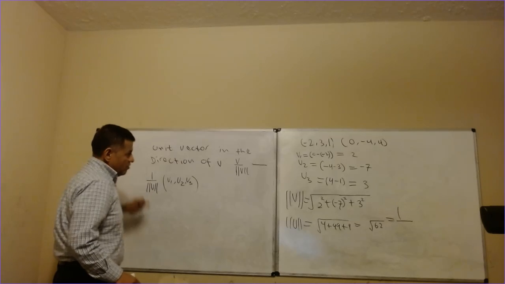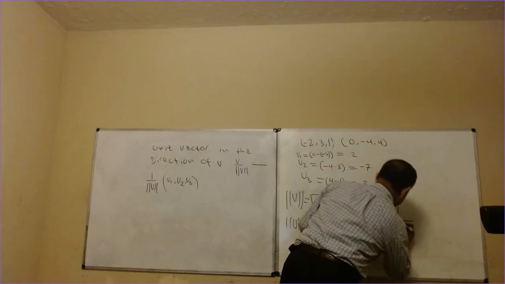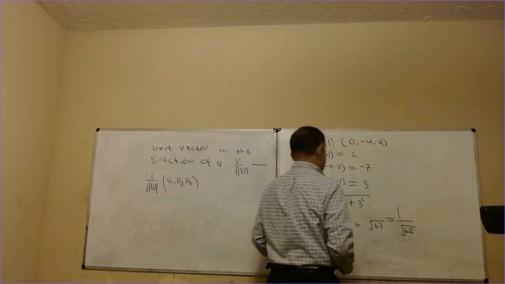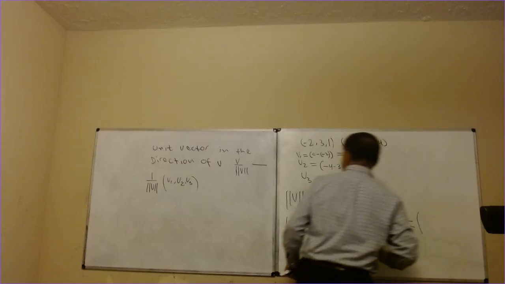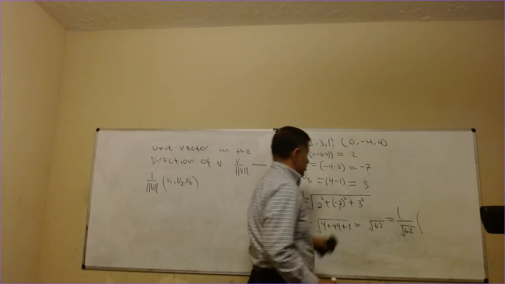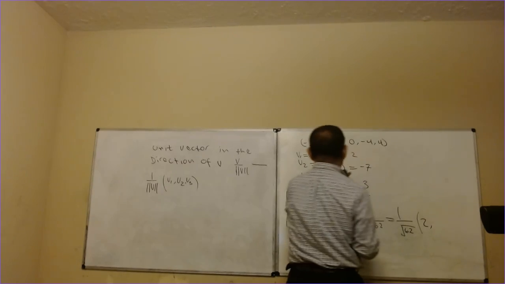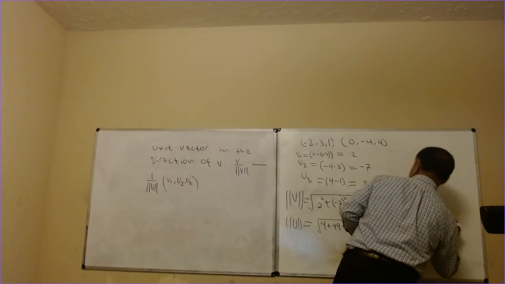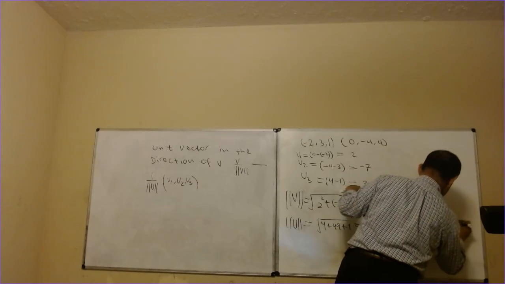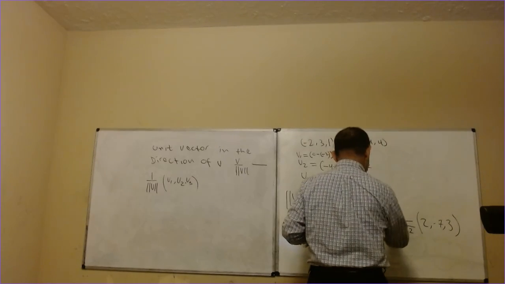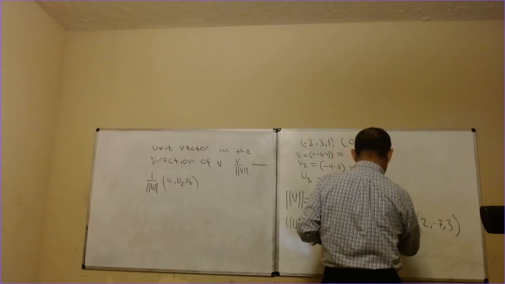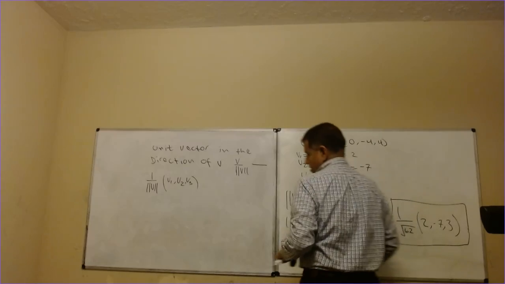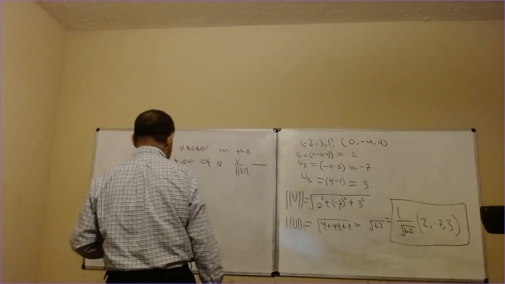Over 1 and the square root of 62, then put a parenthesis and I will put the values that I found: 2, -7, 3. That's what the answer is.